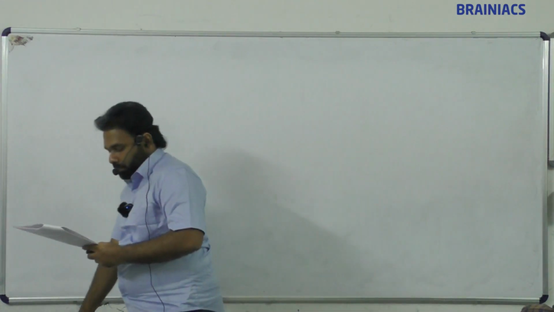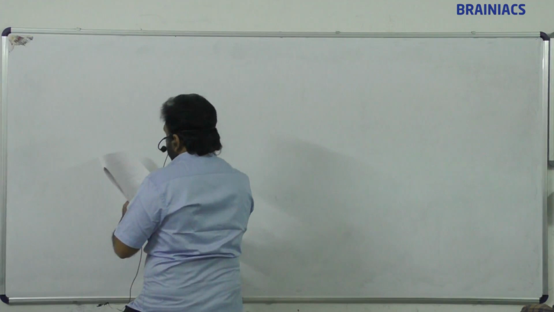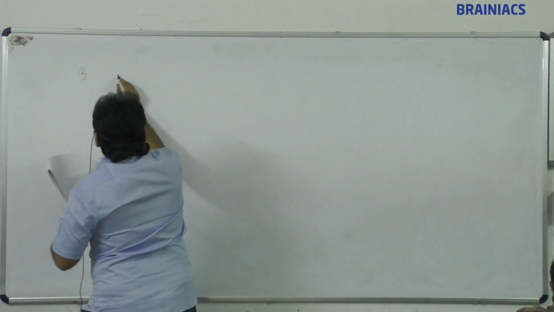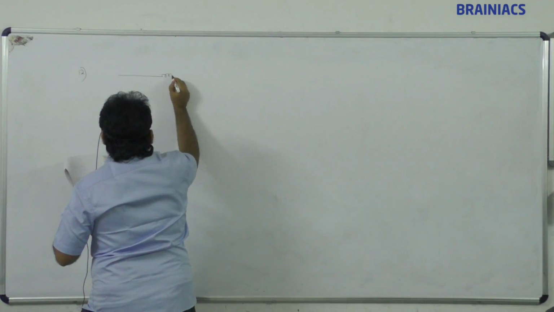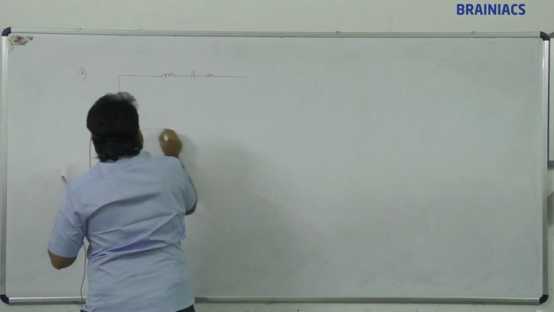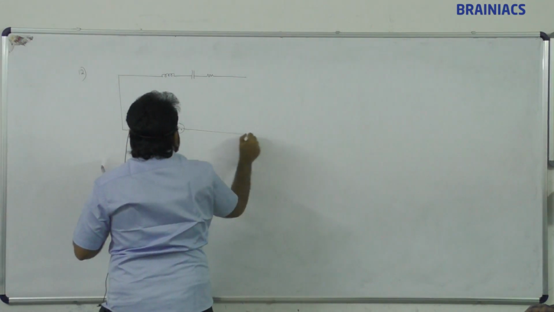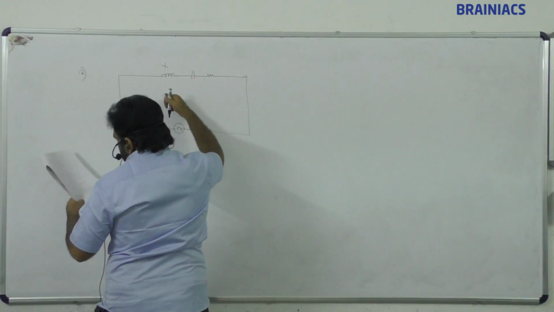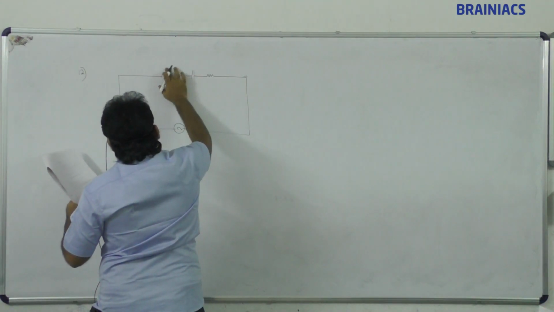Okay, so again another LCR circuit, question number 12. Need not draw the diagram also, directly we can do, I am just writing for your sake. Here L is given.